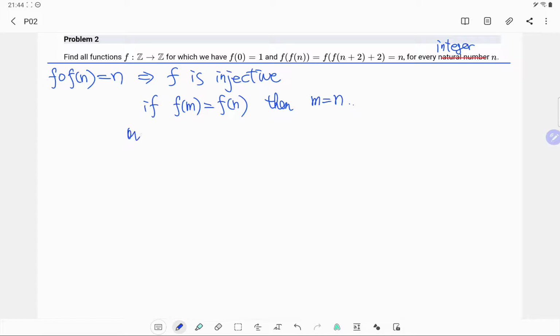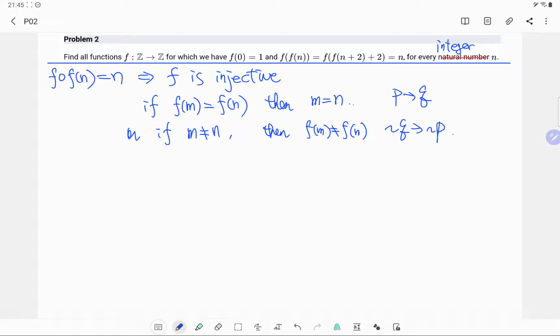Or you can express it as if m is not equal to n, then f(m) is not equal to f(n). So this one is p implies q, and this is not q implies not p. So they're actually the same.